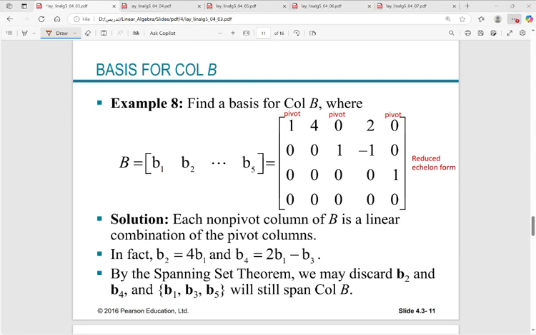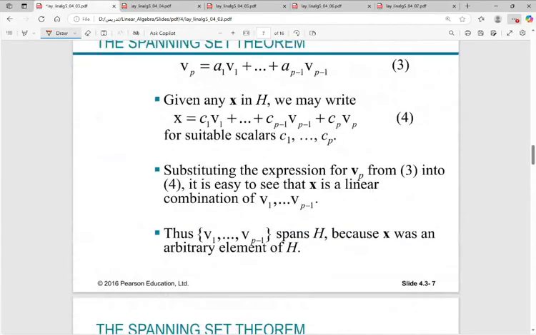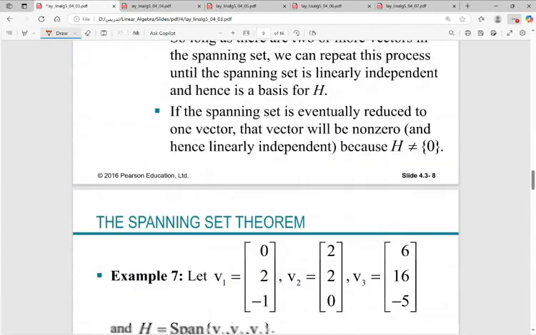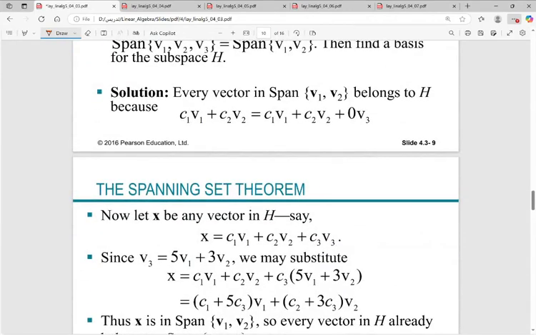Sorry, Doctor, we have a question. Doctor, why do we set 0 V3, but in the equation we have vector V3, 16 minus 5? Why do we put 0 V3? We don't look at this explanation. You pay attention to what I said.